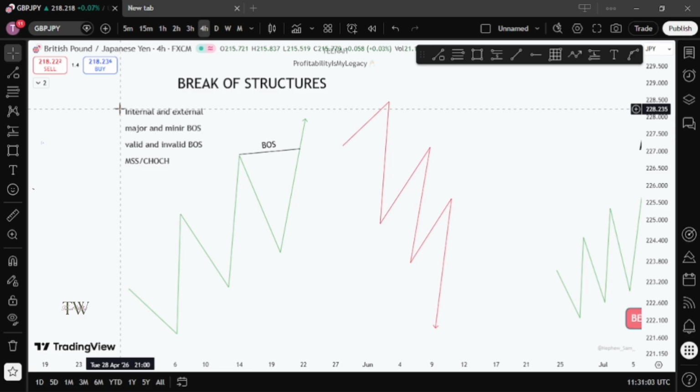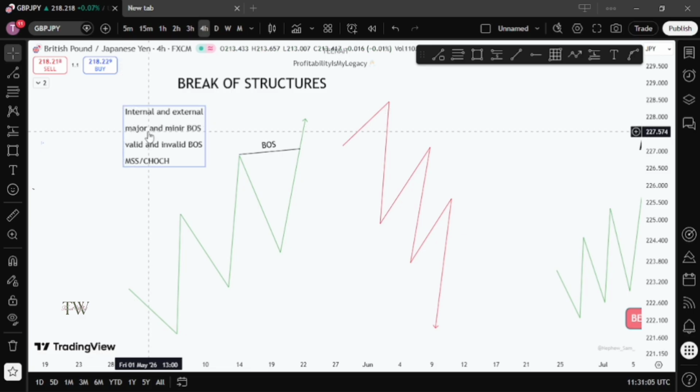So let's talk about the major and minor break of structure. I just noticed that I made a mistake in the spelling here. So the major break of structure occurs when price breaks an important swing point that defines the higher time frame trend. So you see that they are actually very similar. When you hear internal and external, major and minor, they're similar, and I think people approach it the same way.